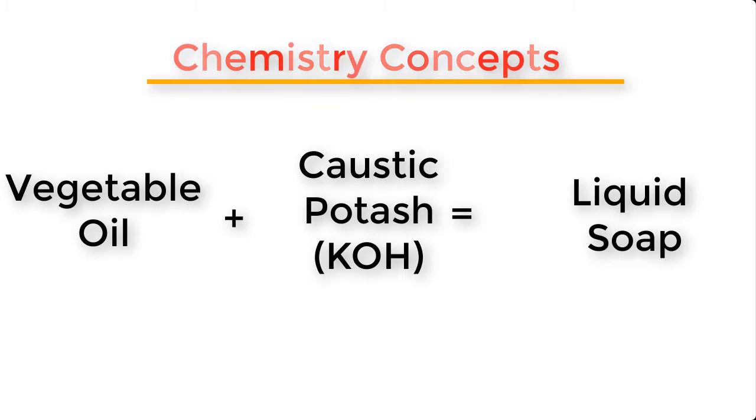Now let me also say here that caustic potash and caustic soda are a family of the same compound. They are called bases. The lesson we have learned from this so far is that we can produce liquid soap by combining vegetable oil with caustic potash, and you can produce solid soap by combining vegetable oil and caustic soda.